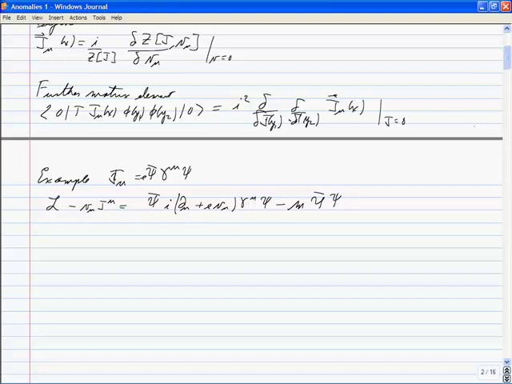So this enters the Lagrangian just like an A field, just like a photon field.